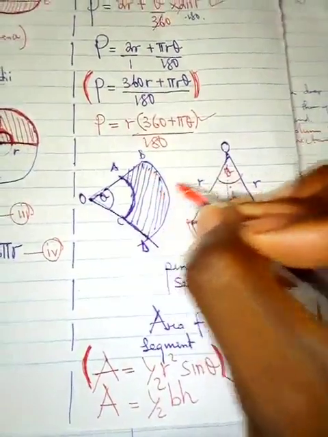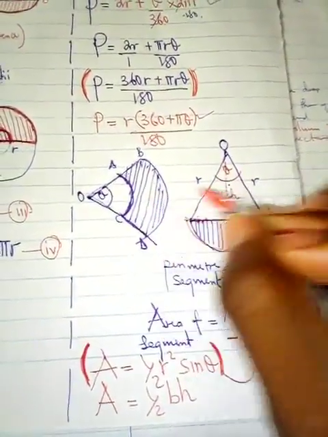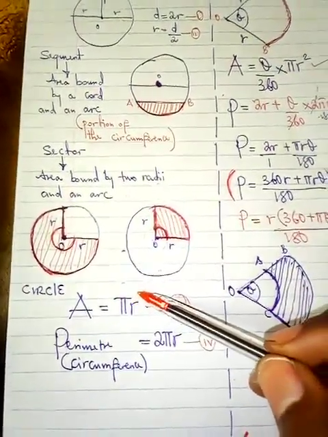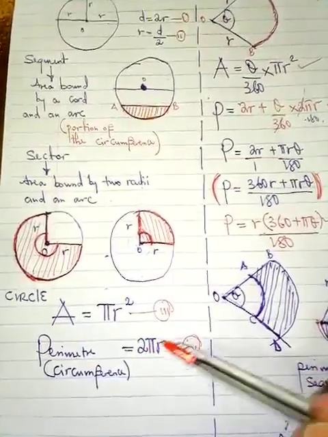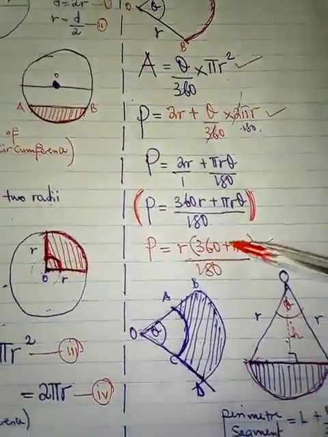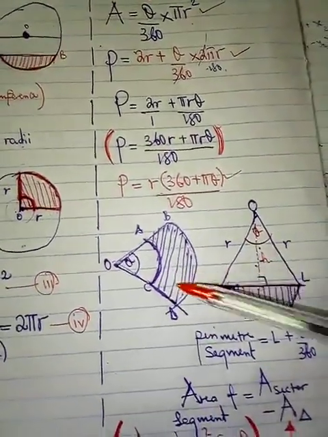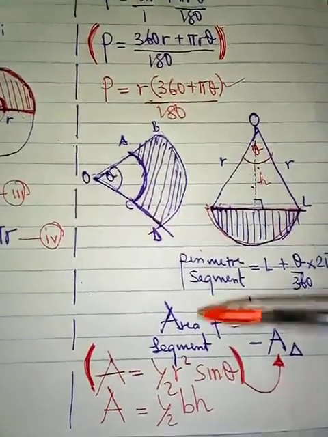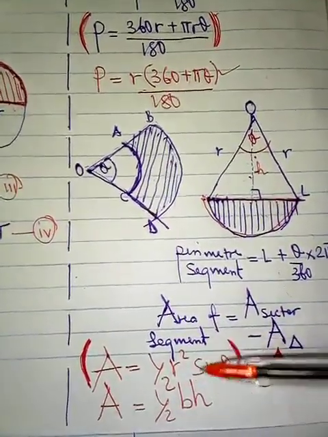So this is how they may try to complicate things. But it all starts with the foundation. Once you know the area formula of a circle, the circumference of the circle, the area of a sector, the perimeter of a sector, even if they try to complicate it in this way, you will still know what to do. So the concept here is to just grab these formulas.